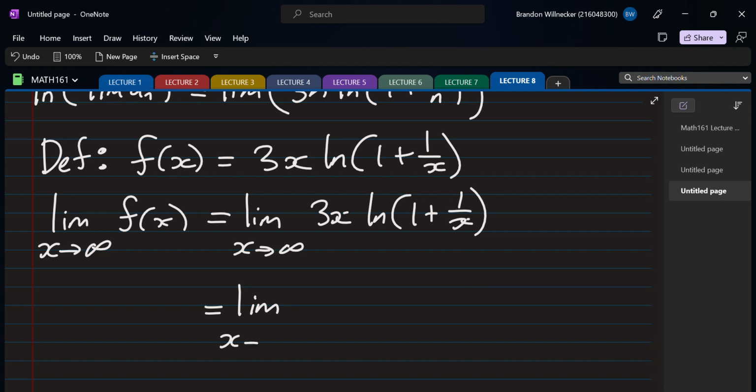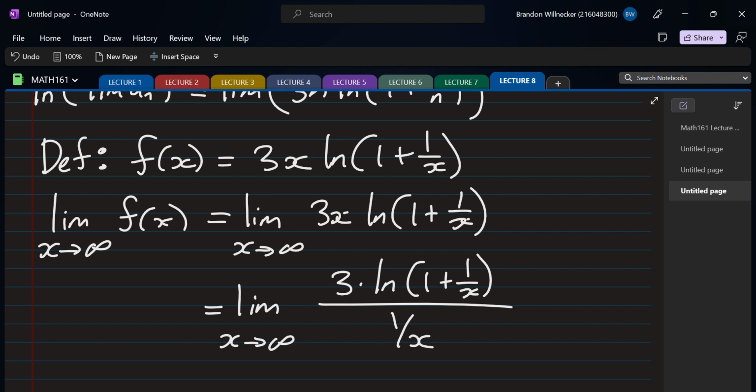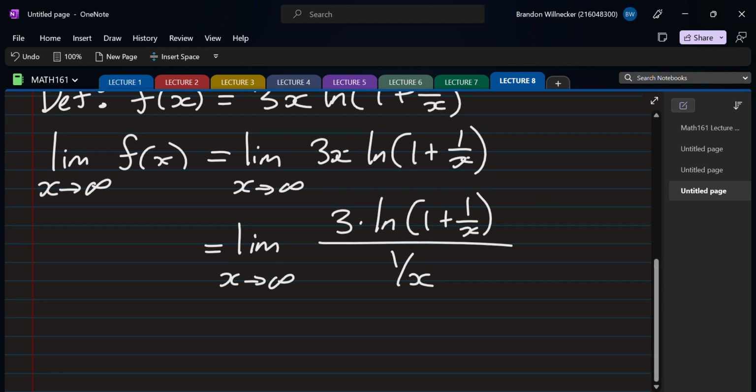So we have the limit as x goes to infinity, 3 times the natural log of 1 plus 1 over x, over 1 over x. Okay, so you've done L'Hopital's rule before. We're just writing it in a better way, where we have type 0 over 0 indeterminate form.